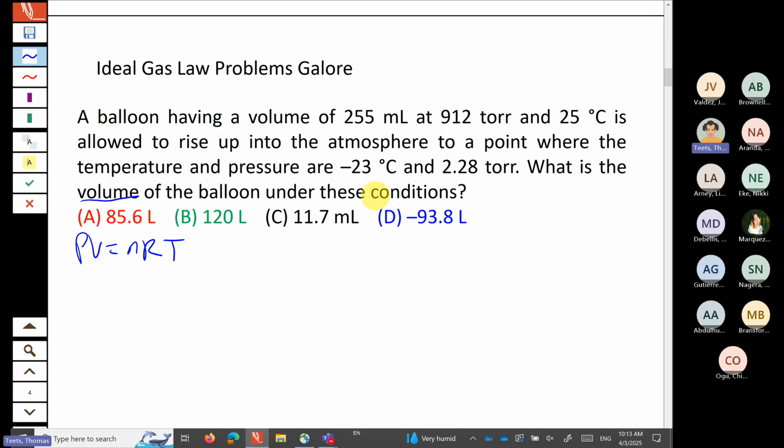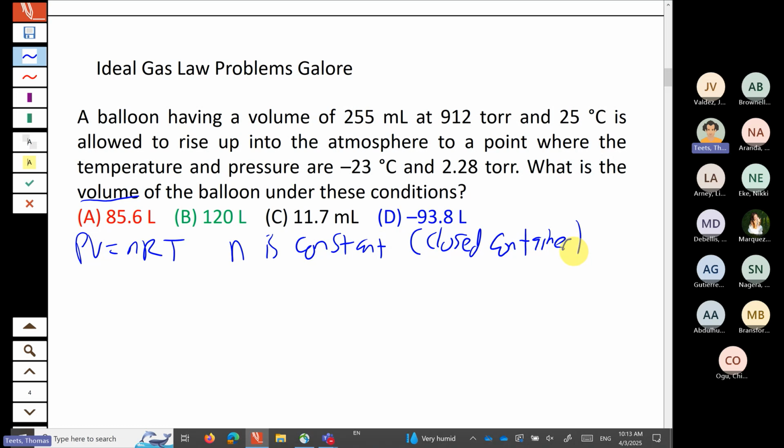So if you have a problem that involves a balloon or any sort of closed container, you would assume that the number of moles of gas is constant. We're not having gas leaking in or out of this. It's just a closed container of gas, so n will stay constant the whole time. So in this problem, the number of moles is constant because we're dealing with a closed container. Anytime your container is closed, we're not adding or losing gas from that, then your number of moles is constant.